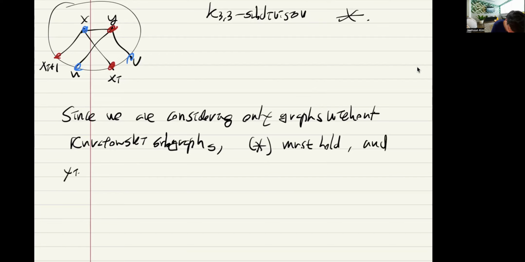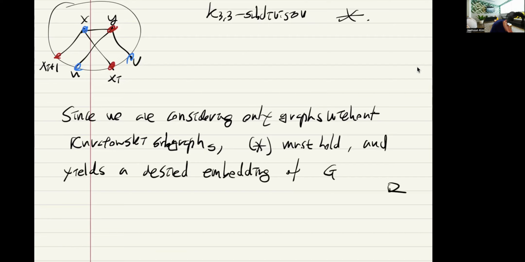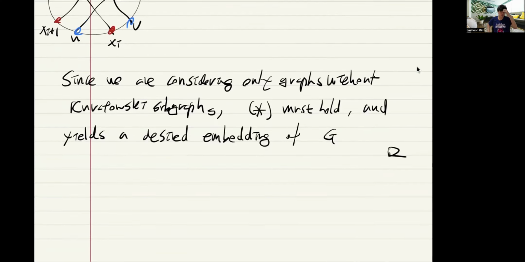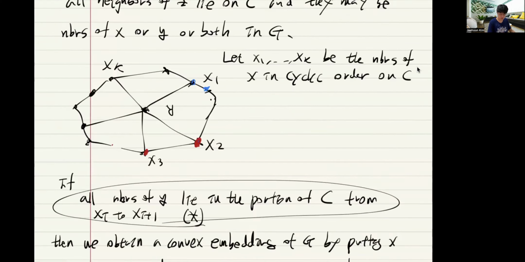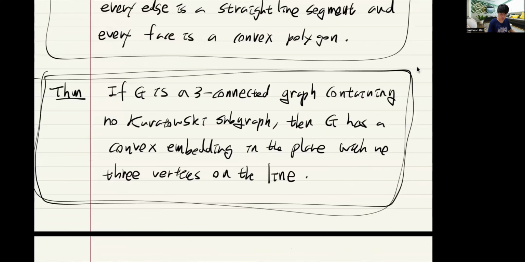And in that case, this yields the desired embedding of G. So this proves the lemma. So this proves the theorem about convex embedding, and then it proves the Kuratowski theorem.